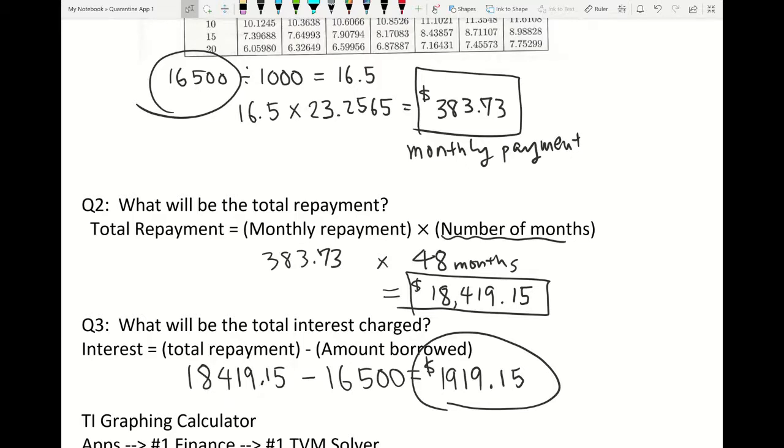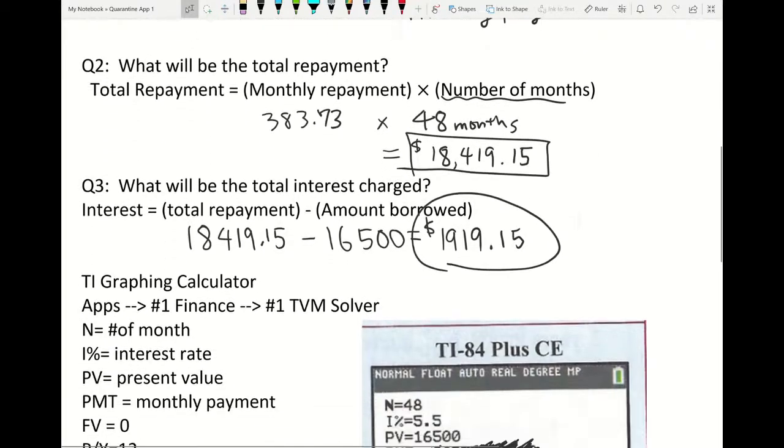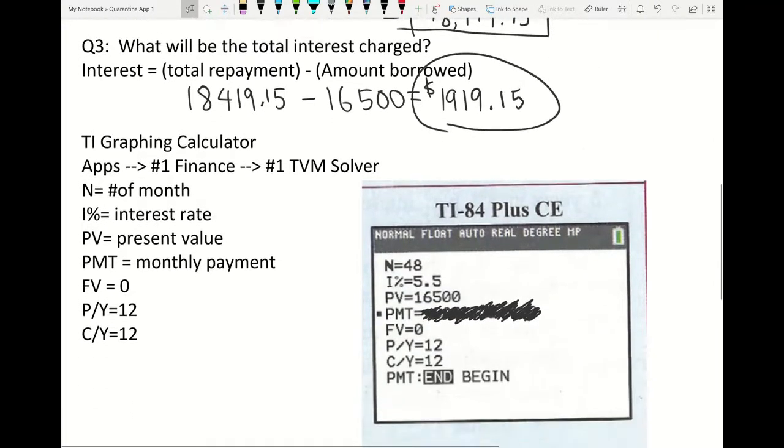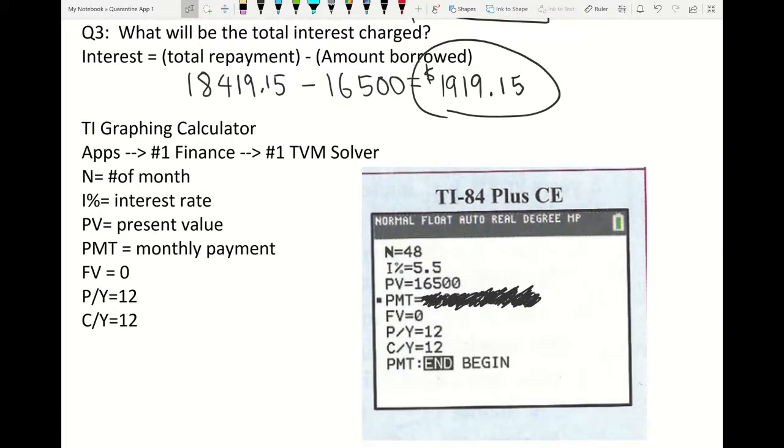Okay, so now I'm going to teach you how to do this through a TI graphing calculator. If you have the TI graphing calculator, I want you to first find the button that says apps.